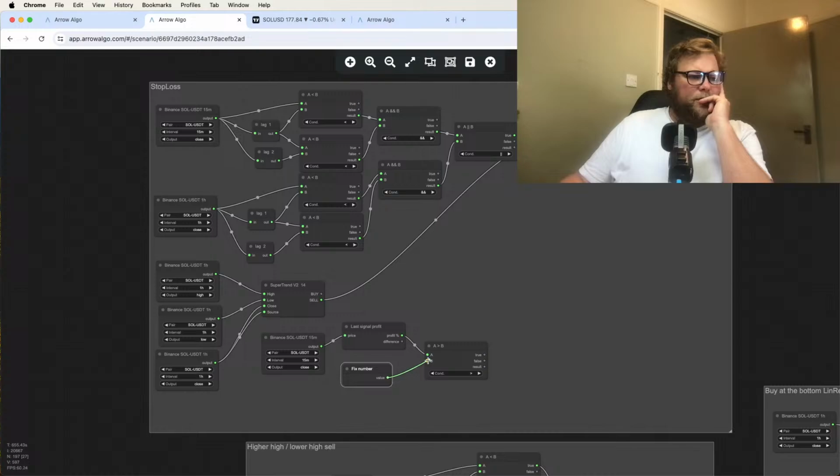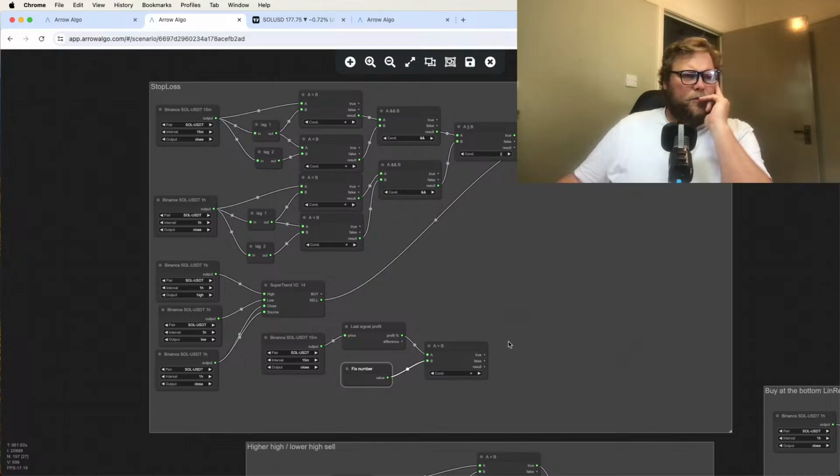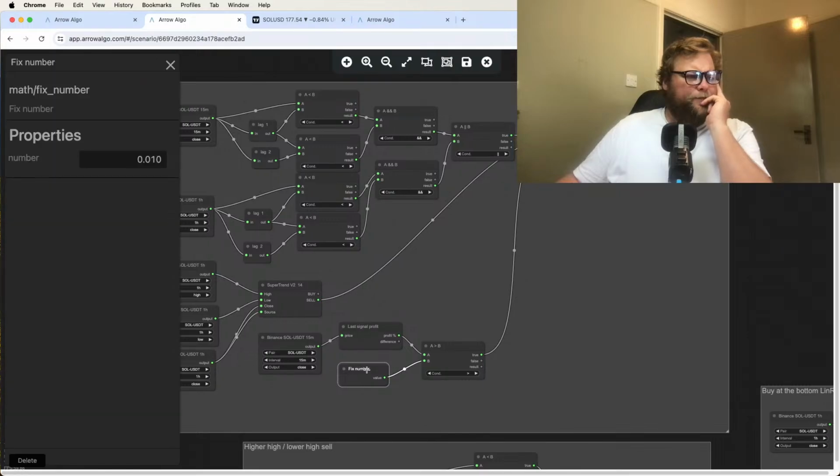Let's start it off with something relatively high. Again, we can have a look at the results and tweak it as we need. So I'm setting that to 0.01.